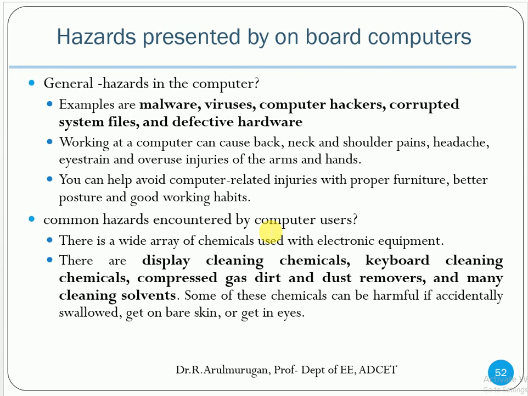Further, in a software company like HCL, computers are used in shifts, so they do proper cleaning with acid, cleaning keyboards and screens. That type of acid may be present near the systems, and direct touching is possible. So that is also a hazard.